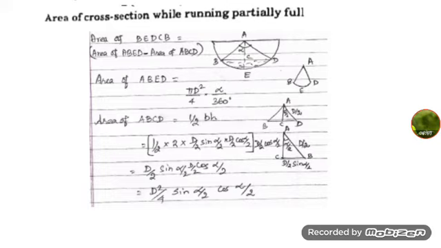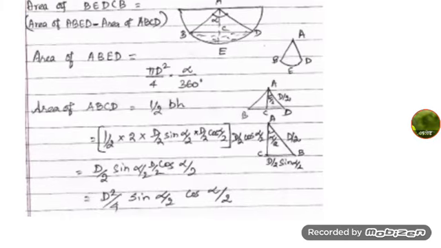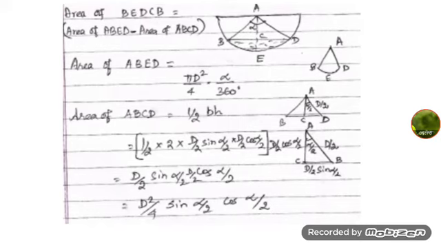The area of ABED is calculated as pi D square by 4 into alpha by 360. The area of the triangle ABCD is half into B into H.